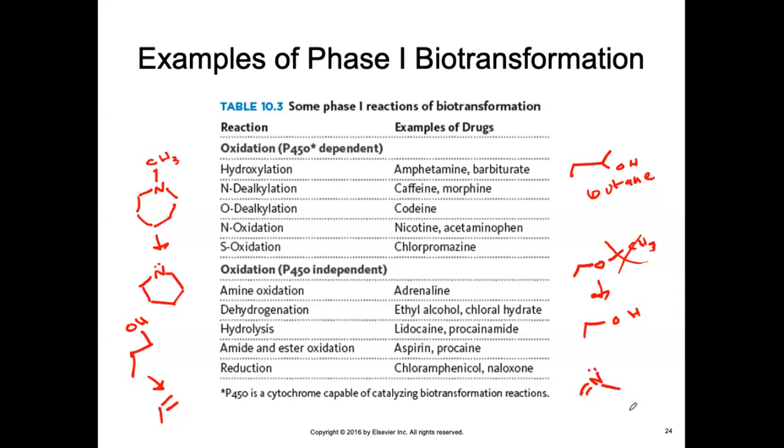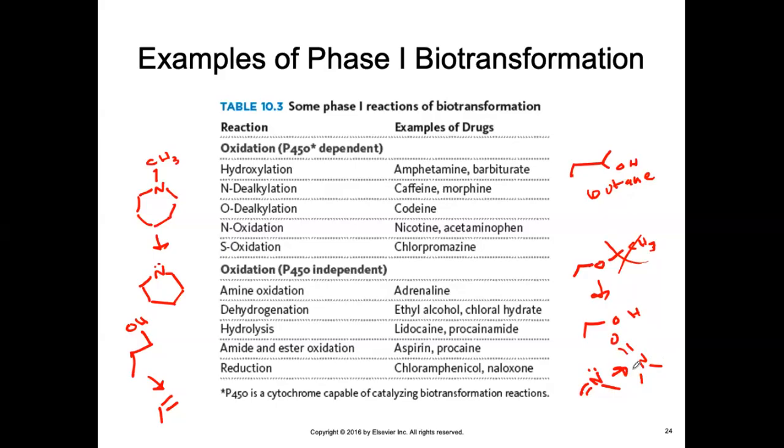So with an amide, when you're oxidizing it, you're going to attach perhaps a keto group to it, and so you might turn this into something like that. And then reduction, things like chloramphenicol and naloxone.